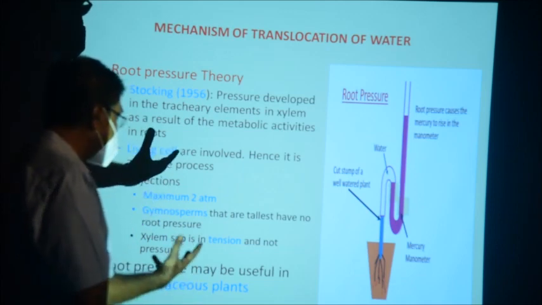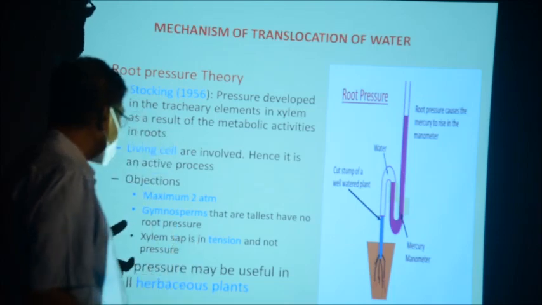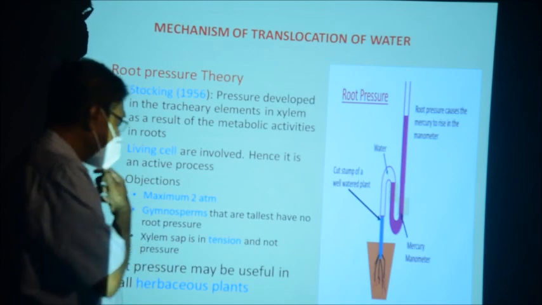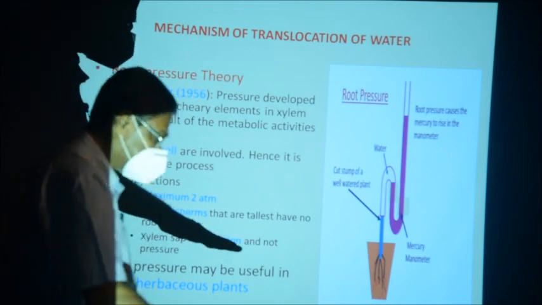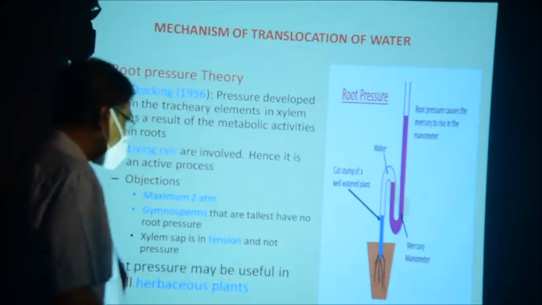Root pressure is a pressure created in the root by metabolic activities. Living cells are involved in this, but if a stem is cut, you will find that water comes out, not in all plants, in some plants.